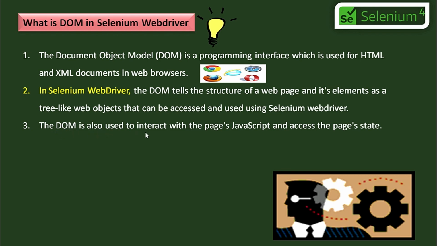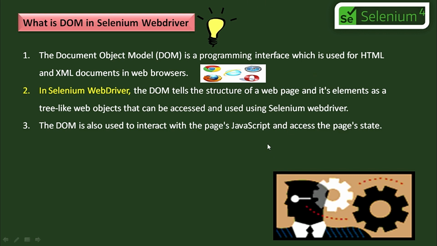Next, the DOM is also used to interact with the page's JavaScript and access the page state. Nowadays, all the dynamic applications use Ajax calls and JavaScript for the dynamic functionality.